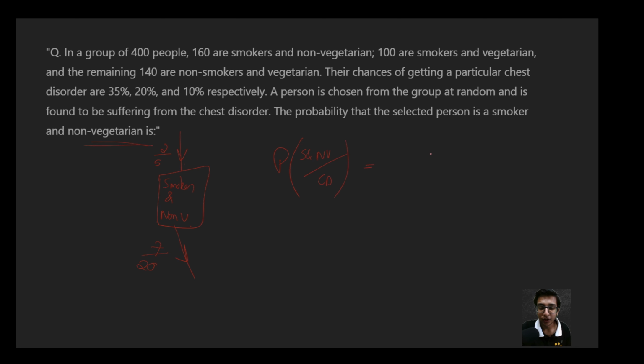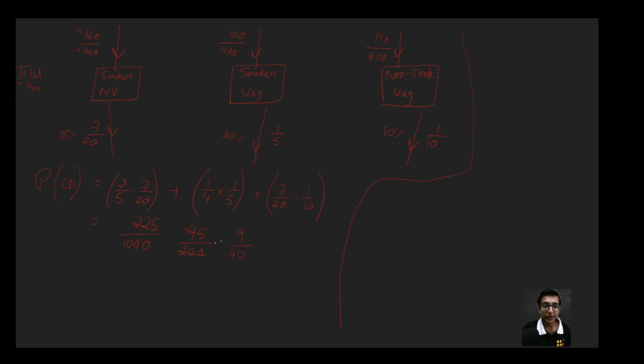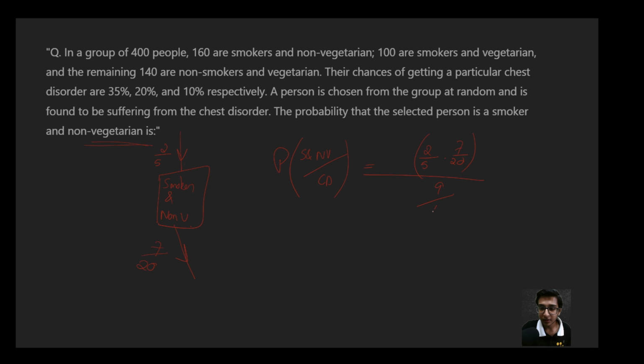So it is going to be 2 by 5 into 7 by 20, the probability of choosing a person who is a smoker and non-vegetarian and has chest disorder, upon the total probability of choosing a person with chest disorder, which is 9 by 40. So let's simply cancel this by 2. From here we get 14 by 45... sorry, 28 by 45. So this is our answer.